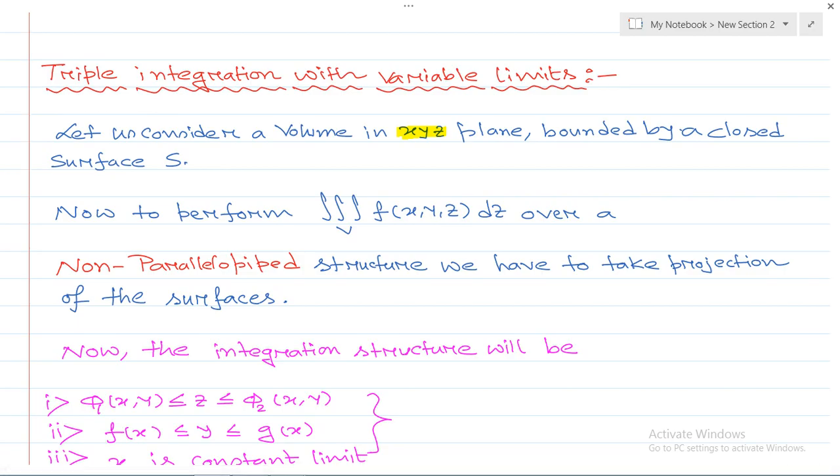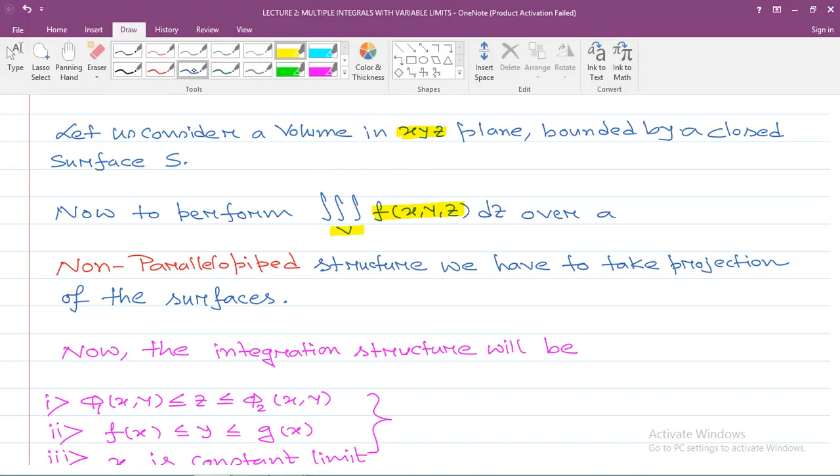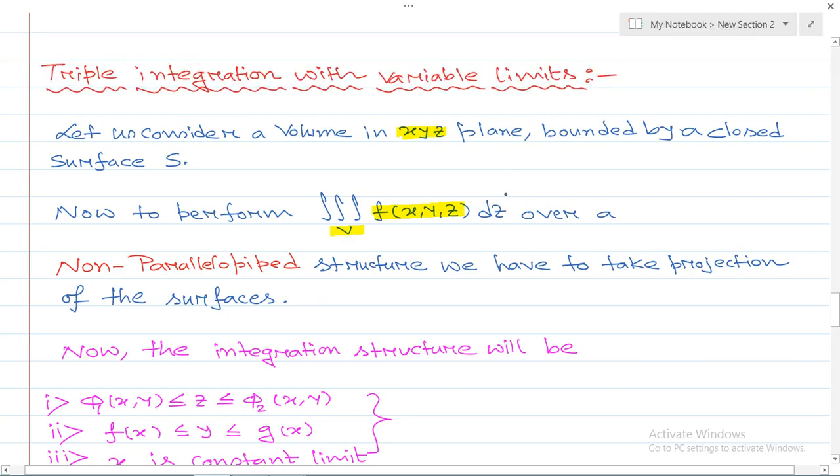So here we have to perform the volume integration for f of x y z, dx dy and dz.